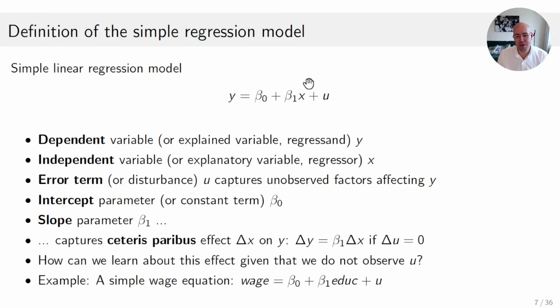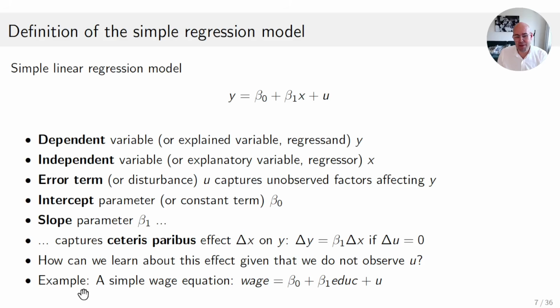And so you start from this relationship here, you change x, and the change in y is going to be the change in x times beta 1, provided that u is stable in the sense that delta u is equal to 0. This is what we're interested in, because delta x is going to be the change in the number of years of education, for instance. And the question is, how can we get at that when we don't observe u?